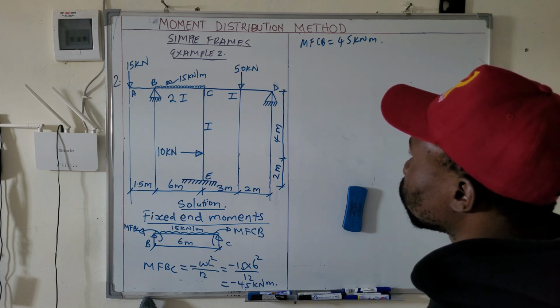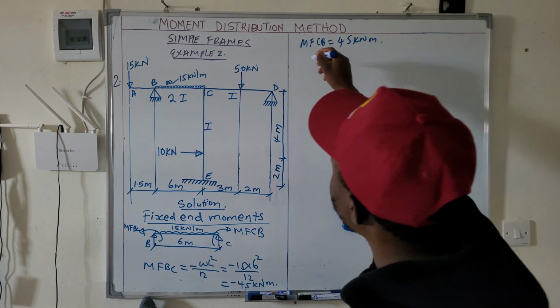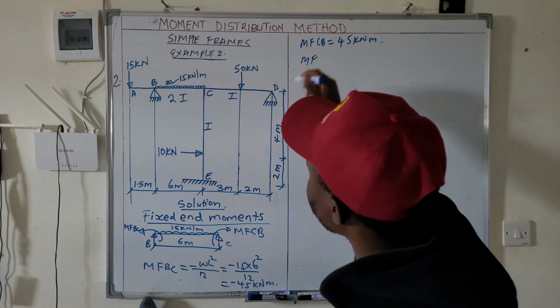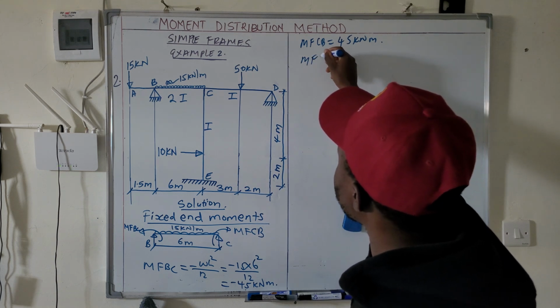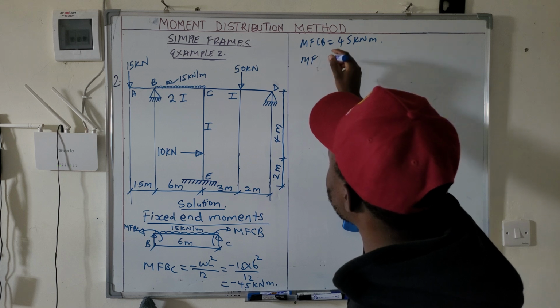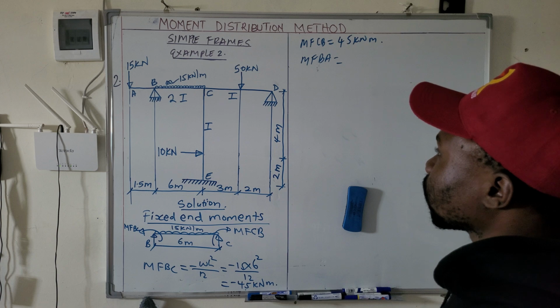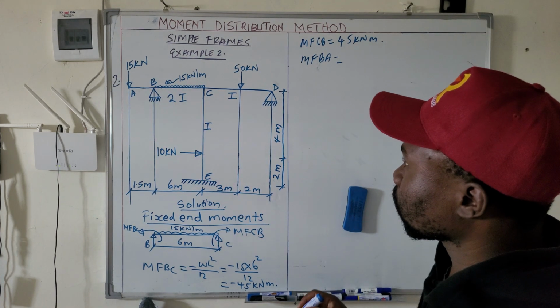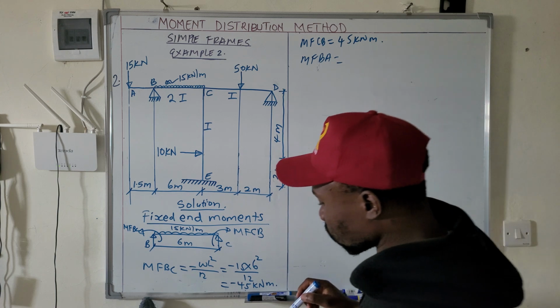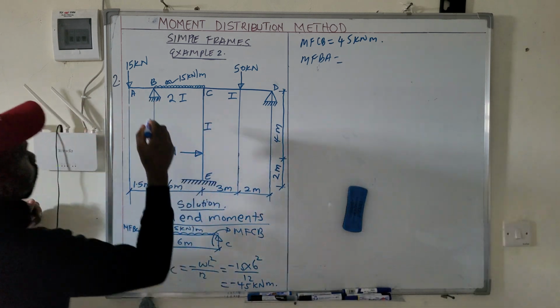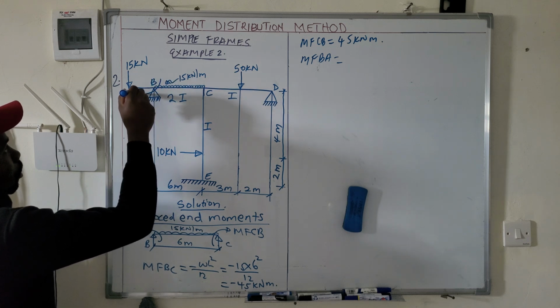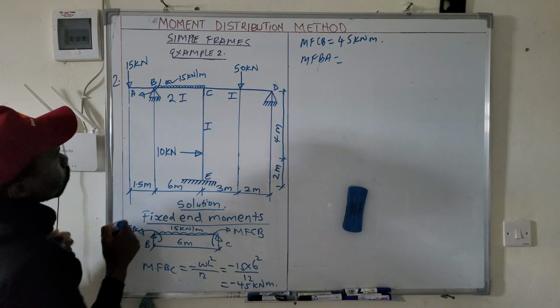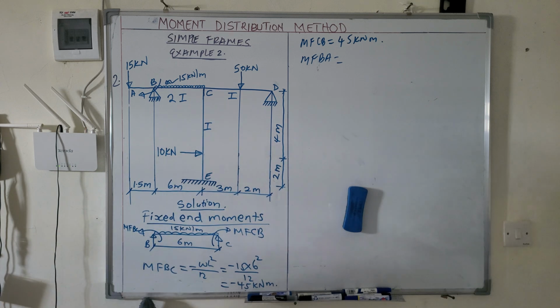We proceed to MFBA. So MFBA is this one. Here, this moment is moving in a clockwise direction like this, so it means it is a positive moment.